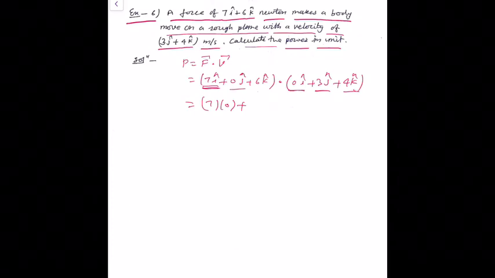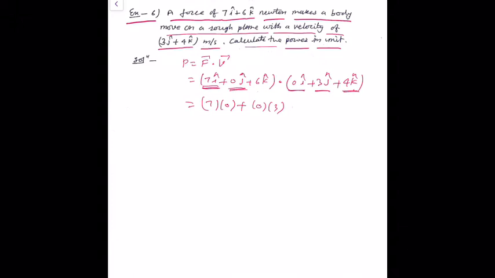Next 0 j cap dot 0 i cap, 0, and 0 j cap dot 3j cap, 0 into 3, and 0 j cap dot 4k cap, 0, because j cap dot k cap is 0. Next 6k cap dot 0 i cap, 0, and 6k cap dot 3j cap, 0, because k cap dot j cap is 0. Next 6k cap dot 4k cap, 6 into 4, because k cap dot k cap is 1.